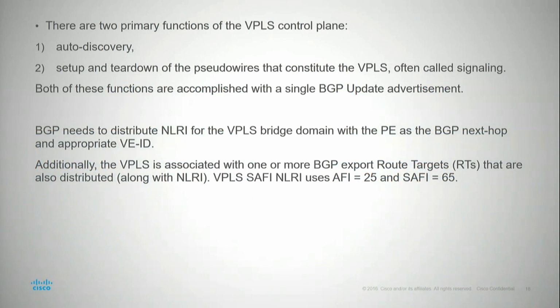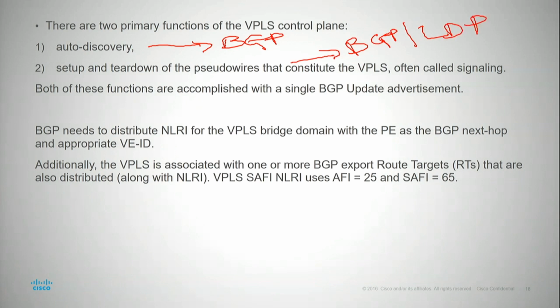There are two primary functions of the VPLS control plane. One is auto discovery, which happens using BGP, and the second is setup and tear down of the pseudo wires that constitute the VPLS. For the pseudo wire we can use either BGP signaling or LDP signaling. Both of these functions are accomplished using a simple BGP update advertisement.